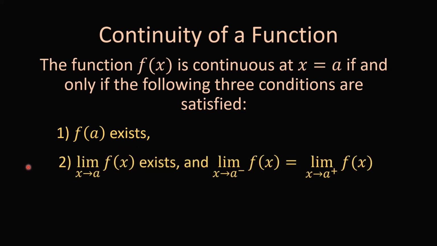The second condition: the limit of f of x as x approaches a exists, or we can say that the limit of f of x as x approaches a from the left is equal to the limit of f of x as x approaches a from the right. And the last one: the limit of f of x as x approaches a is equal to f of a.